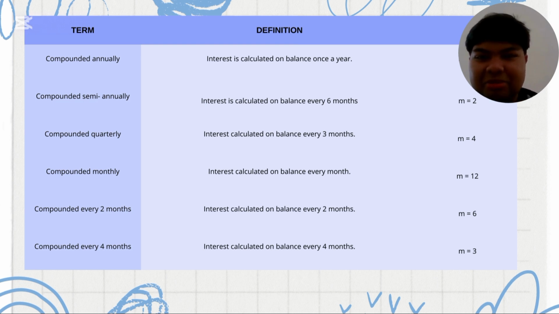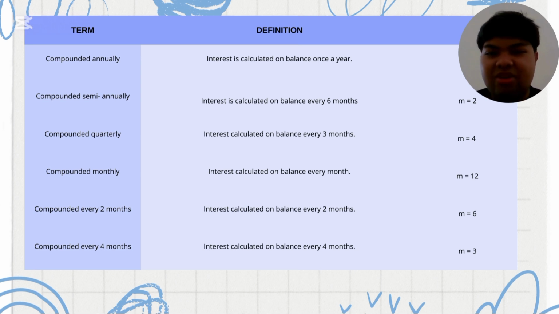Compounded annually means interest is calculated on the balance once a year, so M equals 1. Another one is compounded semi-annually, where interest is calculated on the balance every 6 months, so M equals 2. Please don't be confused by these two.